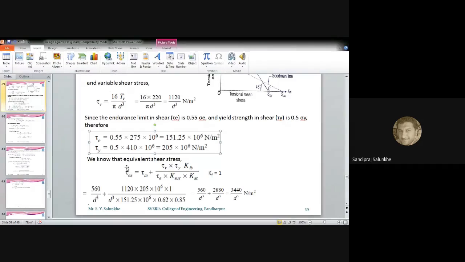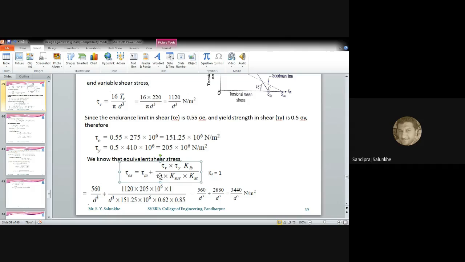Here we have to calculate the actual endurance limit, and that is given by the mean shear stress plus the average shear stress multiplied by the yield shear stress into Kf, this is the stress concentration factor, then divided by the endurance shear stress into the surface finish factor into the size factor. Okay. This formula is directly given for the Goodman relationship.